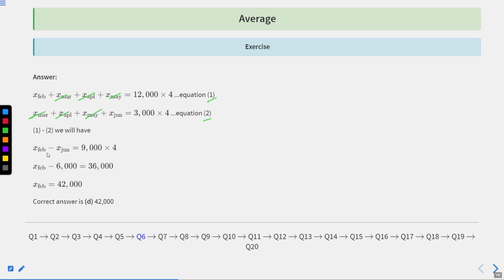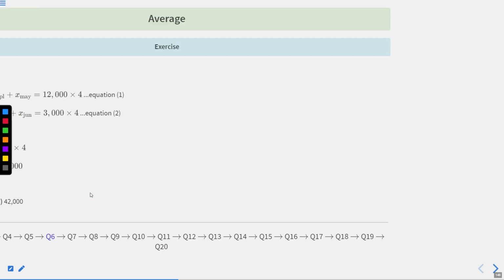That means February salary minus June salary is equal to 9,000 times 4. The salary in the month of June is already provided to us, that is 6,000, so x February minus 6,000 equals 36,000. On simplification, x February equals 42,000. So the correct answer will be D, or 42,000.